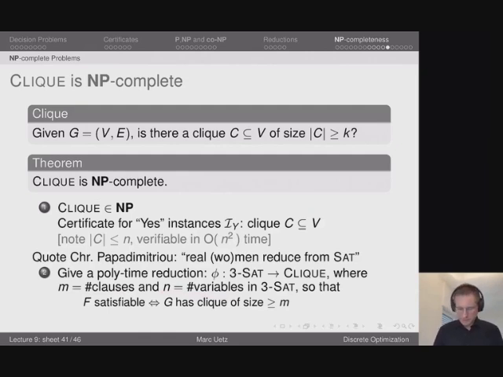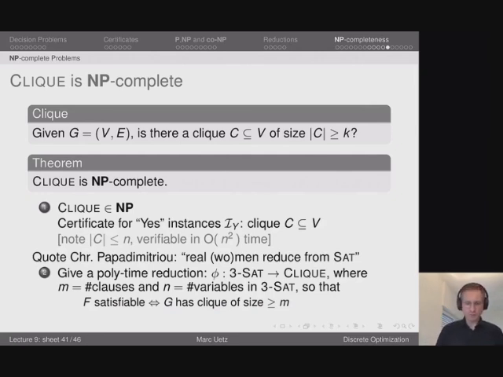We will set up a proof that shows that an arbitrary Boolean formula f in conjunctive normal form is satisfiable if and only if a certain graph has a clique of size at least m. This will be the result of the reduction.